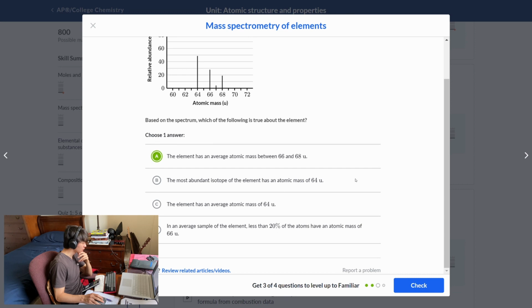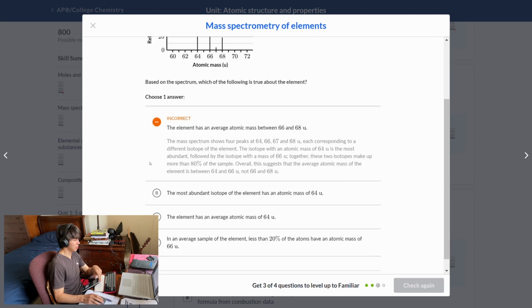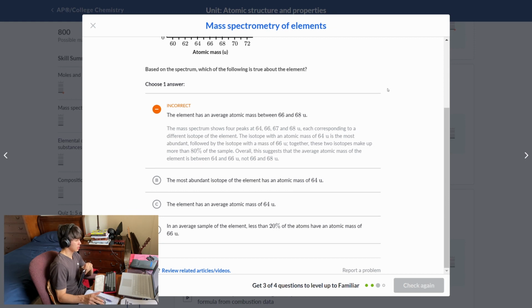The element has an average between 66 and 68? There are 4 peaks, each corresponding to a different isotope. The isotope with a mass of 64 is the most abundant, followed by 66. Together, these two isotopes make up more than 80% of the sample. This suggests that the average is between 64 and 66, not 66 and 68. Okay.